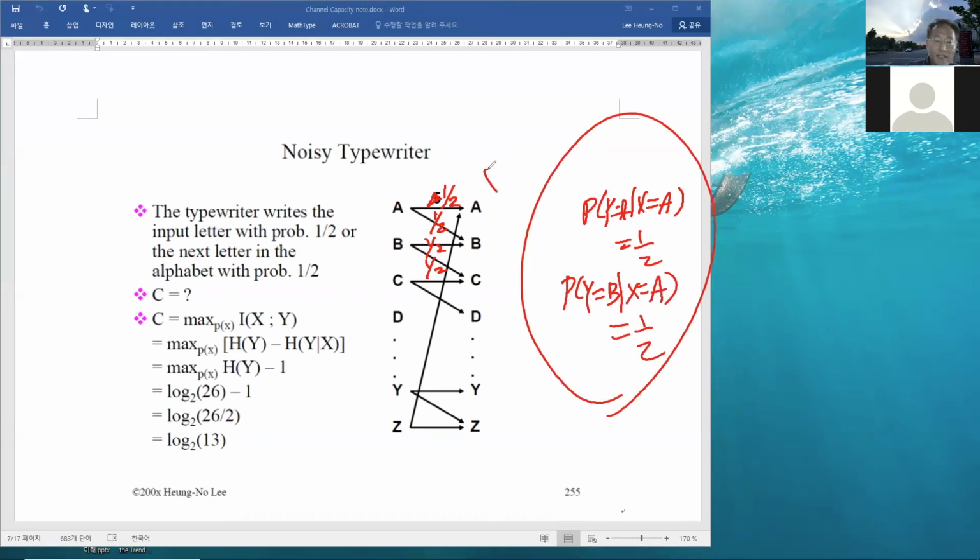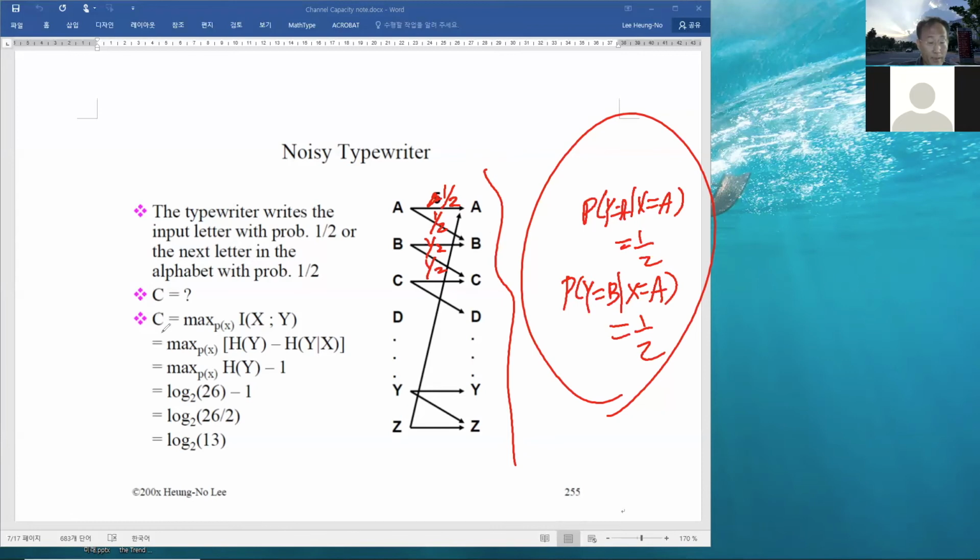That's the conditional probability. So that's the channel. In this particular case, what is the capacity? Okay, so now we can see that these symbols overlap with each other. In this particular case, what is the capacity?